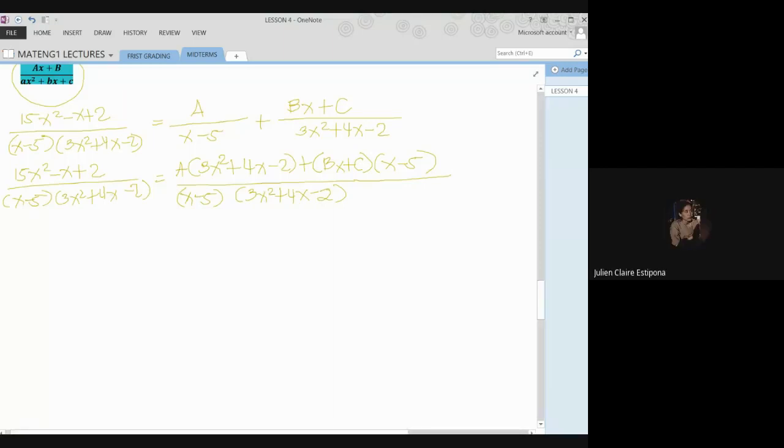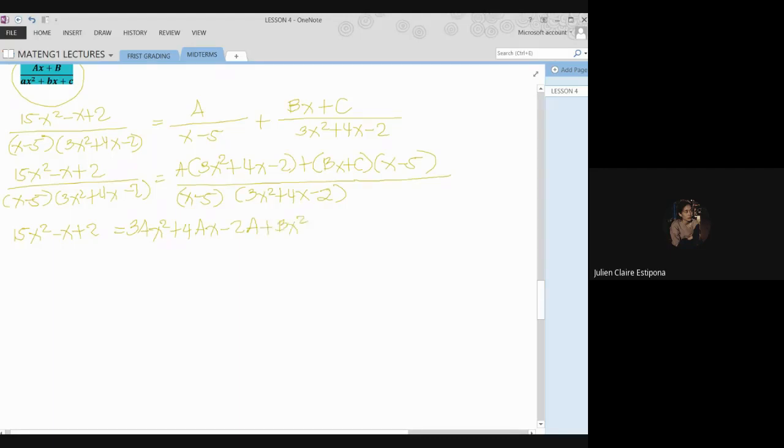Okay, so if we are going to get the partial fraction and obtain the values of a, b, and c, the constants, we just copy the numerator, which is 15x squared minus x plus 2 is equal to, we just distribute the values. That is 3ax squared plus 4ax minus 2a plus bx squared.